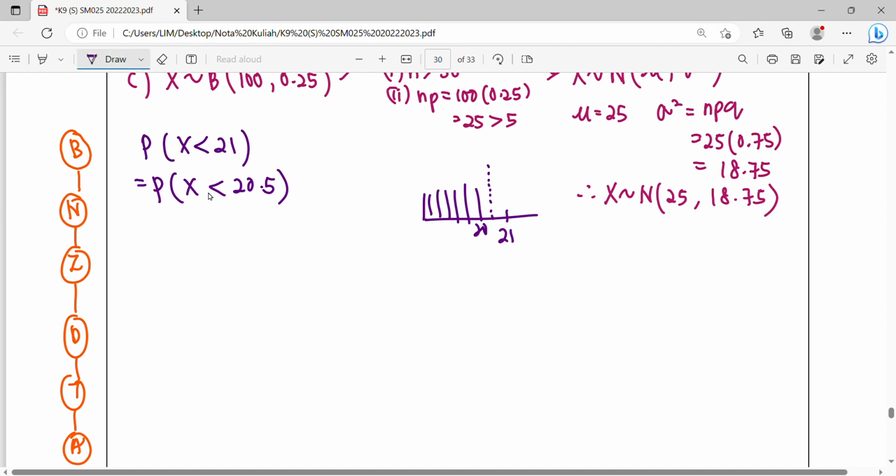Then we change to z, where we need to minus the mean, which is 25, over the standard deviation. Take note, this one is the variance. For the standard deviation, we need to square root the variance. So find the z score.